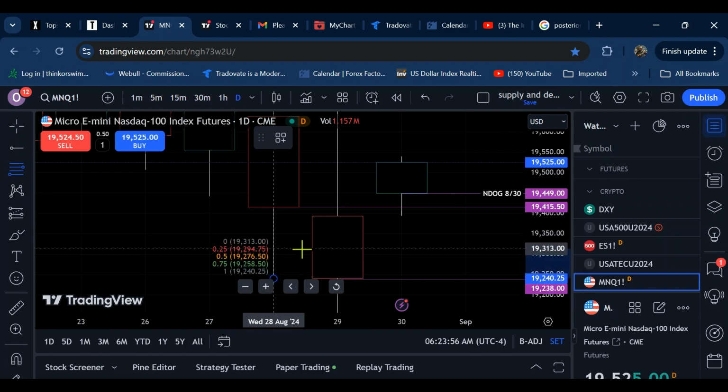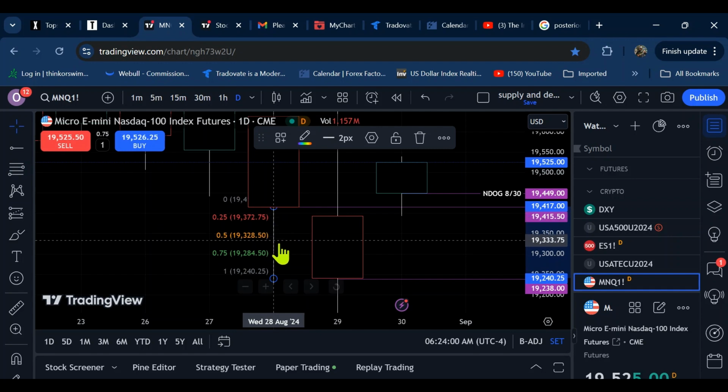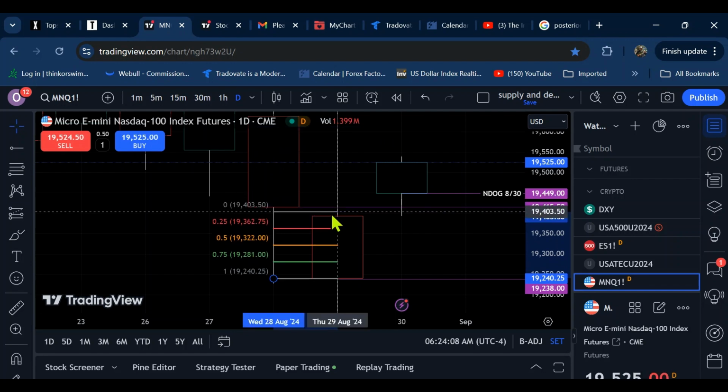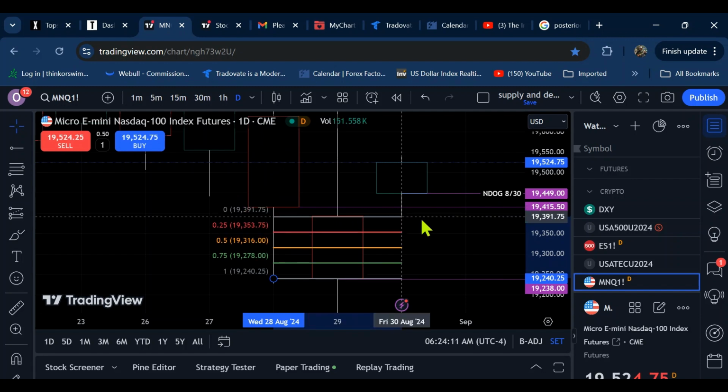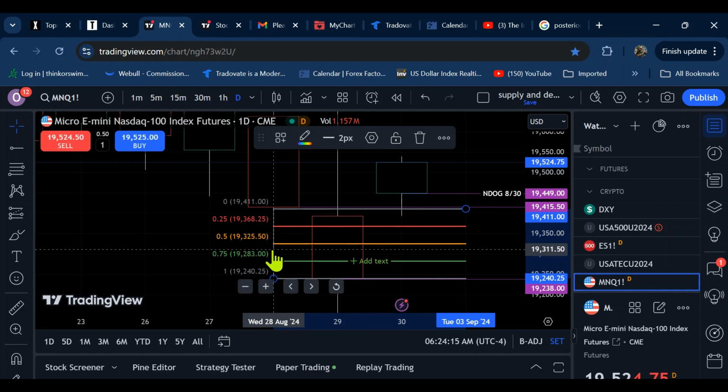I just use a Fibonacci tool and I measure. I gotta move it out a little bit. There we go. So I can see a line. There we go. And the 50% mark is here.